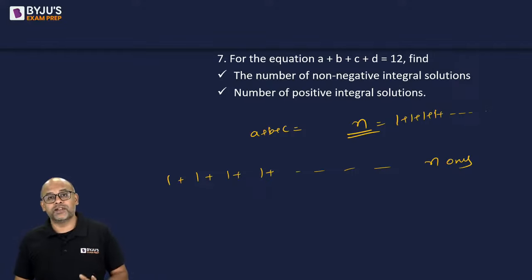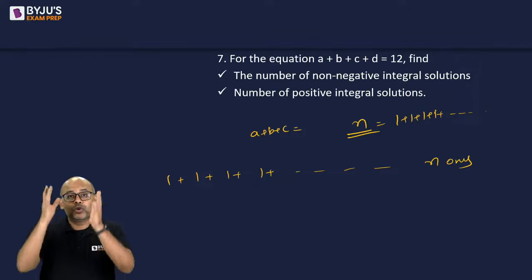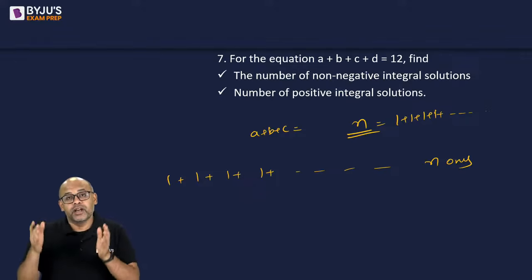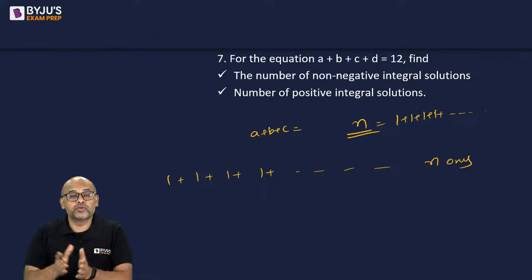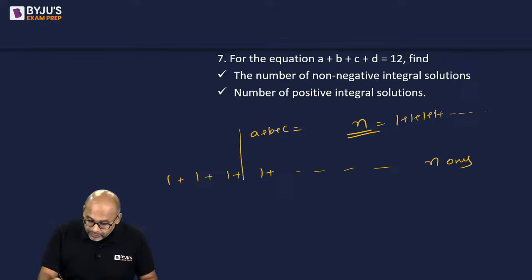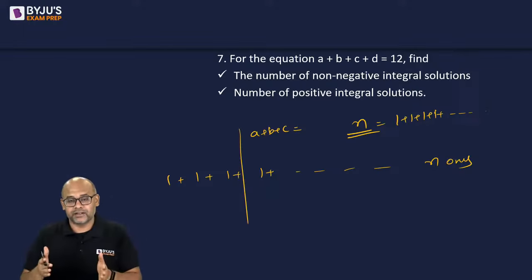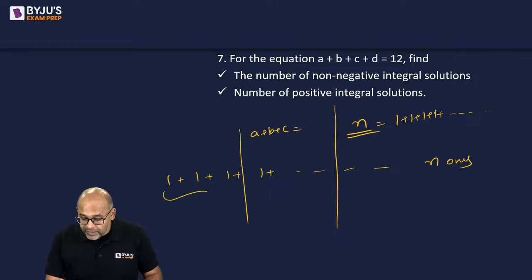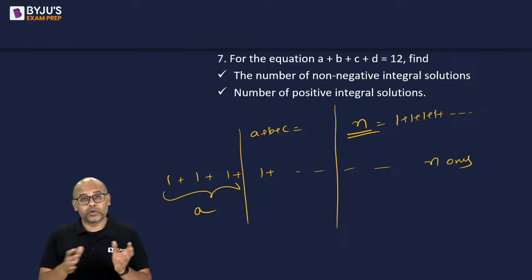Now the logic is very simple. I will put two bars. I'll explain what I mean by bars. Two restrictions to break this entire chain into three parts. So let me put one bar here, literally draw a line here, and I'll put one more line randomly here. So I will get A, which is the total here.